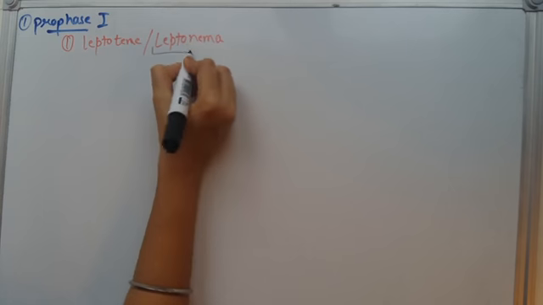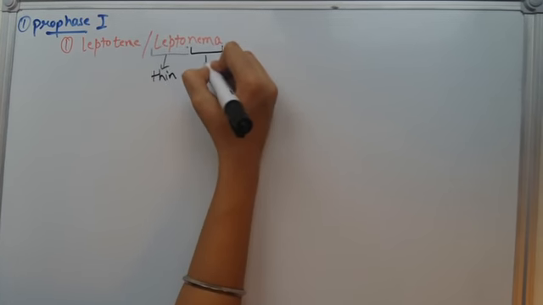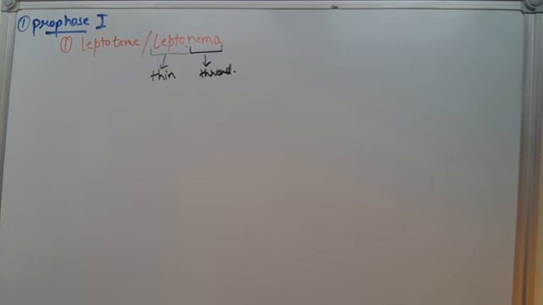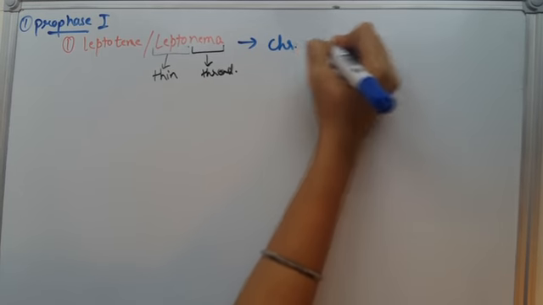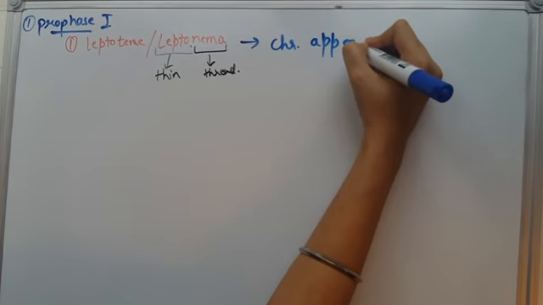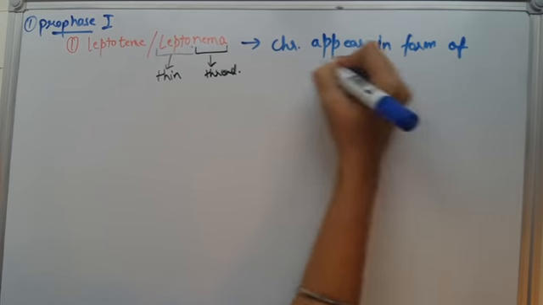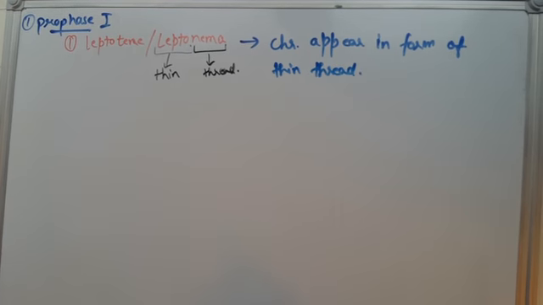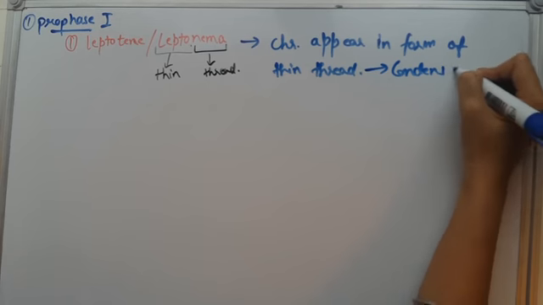Here lepto means thin and nema means threads. So from here we can conclude that the chromosomes appear in the form of thin threads, and it can happen only when there is condensation of chromosomes.